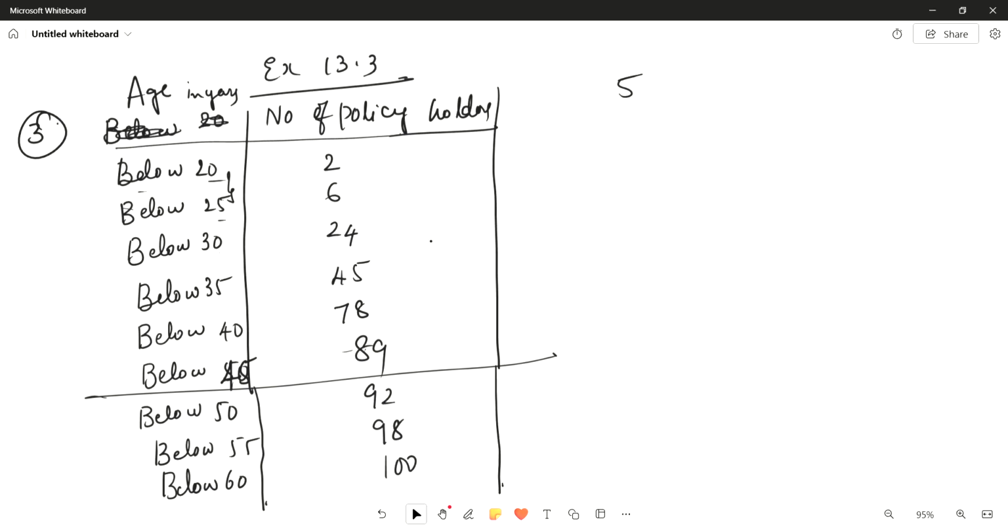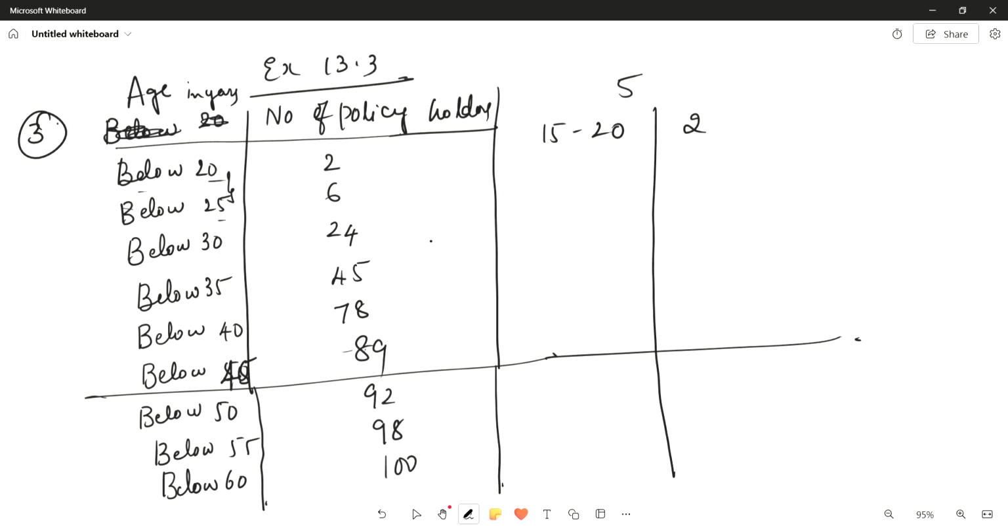Below 20, whatever is there, everything will come, but we have to count from 18 here. So what you can do, 15 to 20 you can take, because the class always will try to take the same size, right? So 15 to 20 we will take as 2.